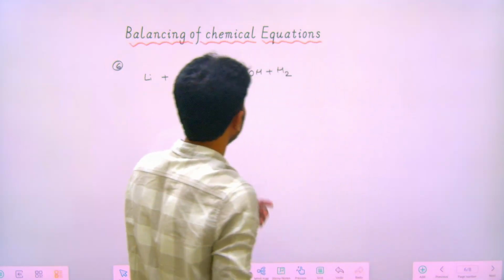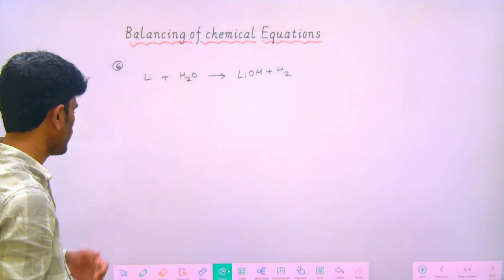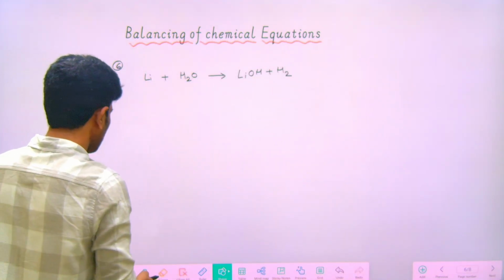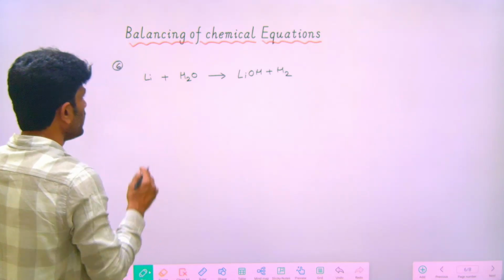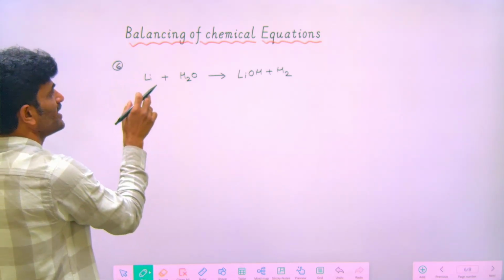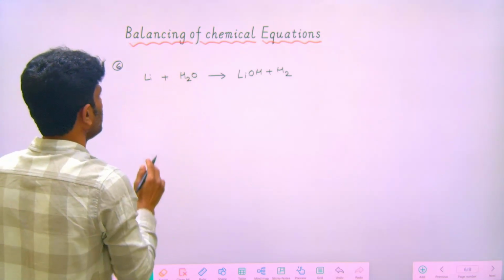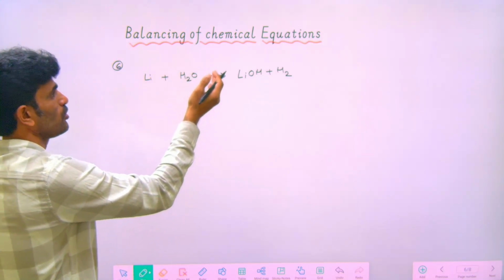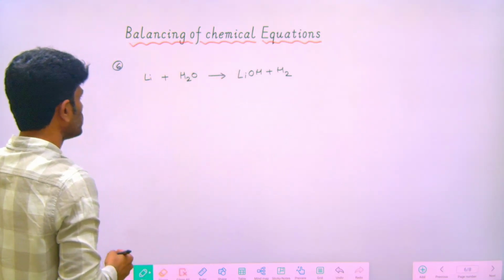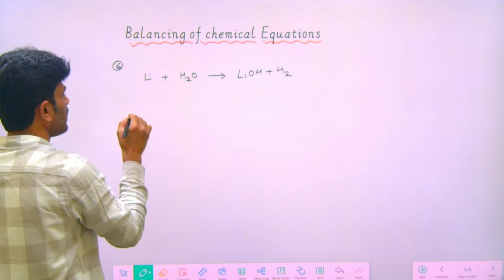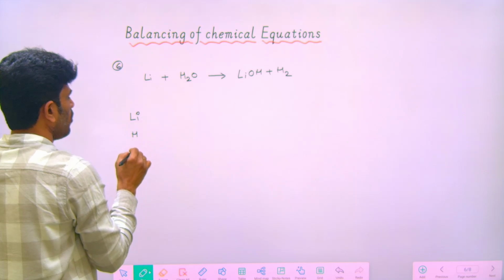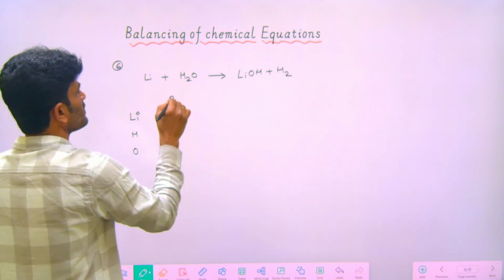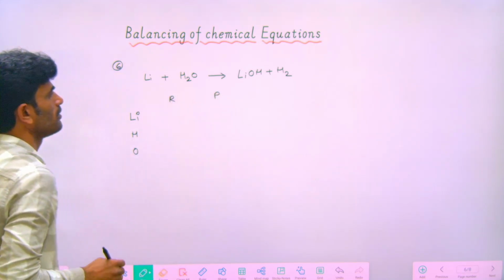Now, one more. Hope you are getting the idea of how to balance after seeing all these examples. In this we have lithium, hydrogen and oxygen. Lithium plus water gives rise to lithium hydroxide plus hydrogen. Let us list out what we have: lithium, hydrogen, oxygen, reactant side, product side.